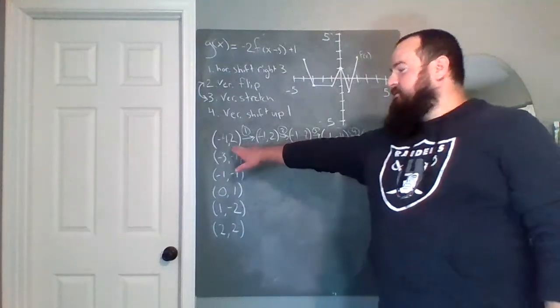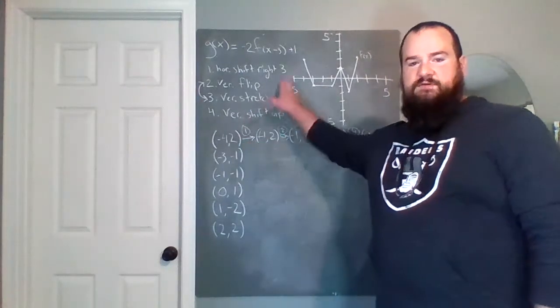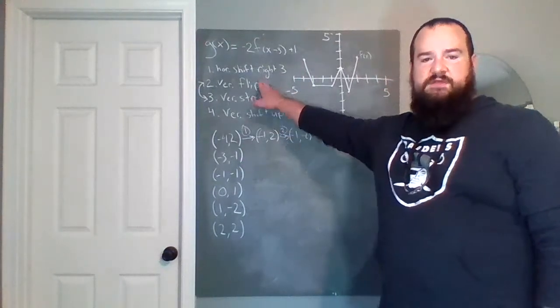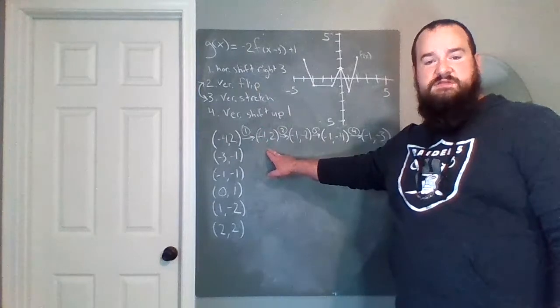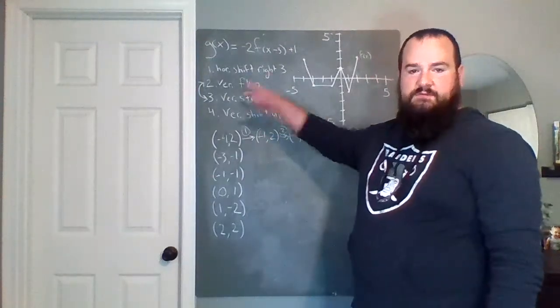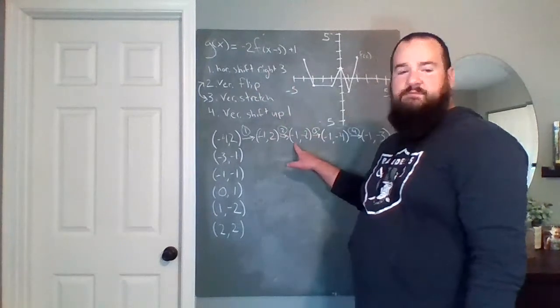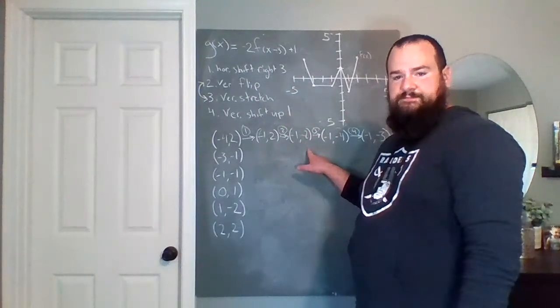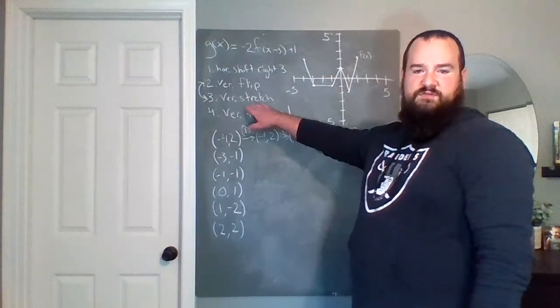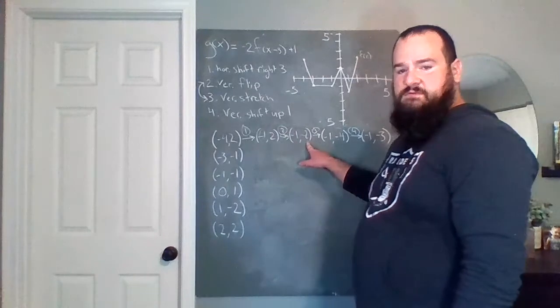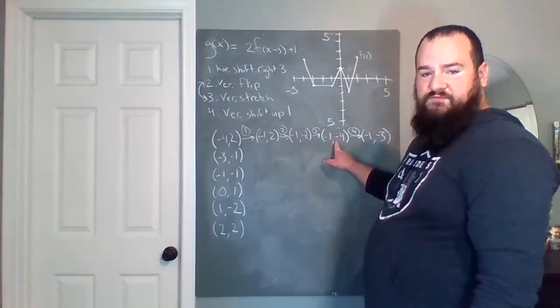So we started with our -4, 2, which was the original point on the graph here. We applied our horizontal shift right 3, which took it from -4, 2 to -1, 2. Then we applied our vertical flip, which just changed the sign of the output, so we went from -1, 2 to -1, -2. Next, we applied our vertical stretch, which is just doubling our outputs, so we went from -1, -2 to -1, -4.